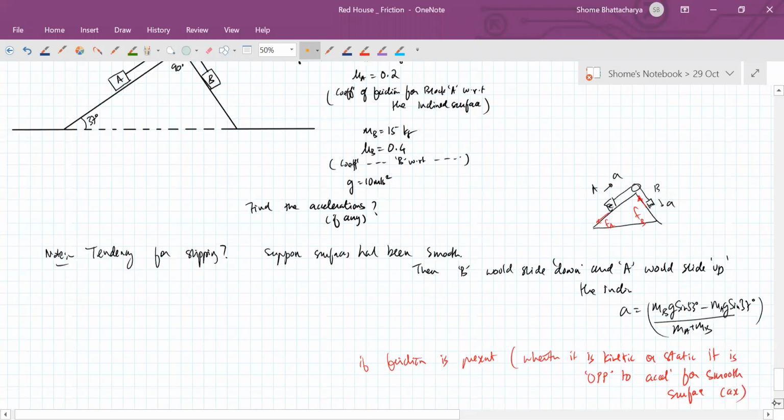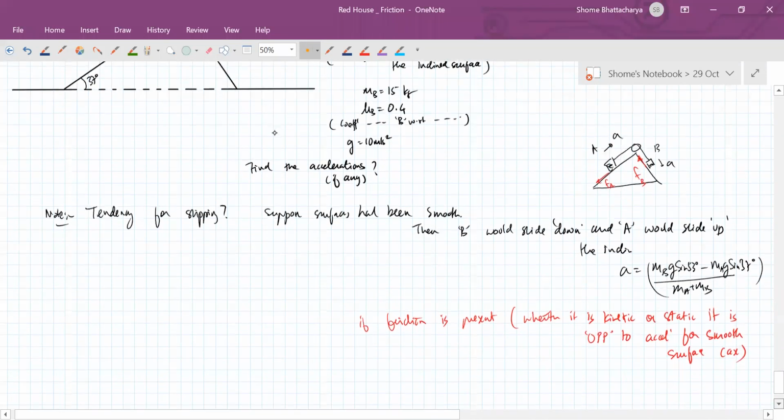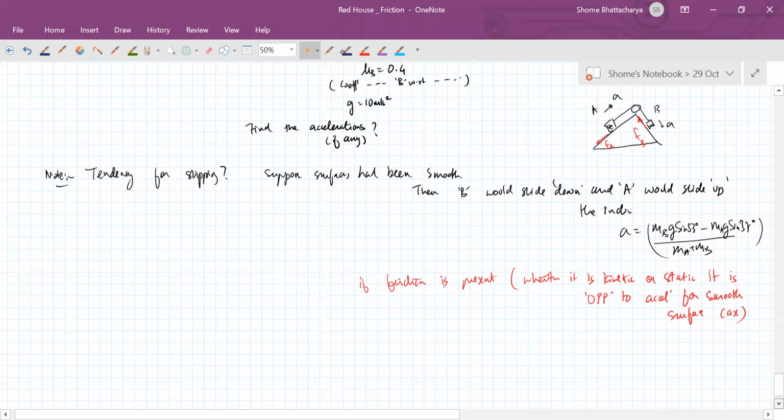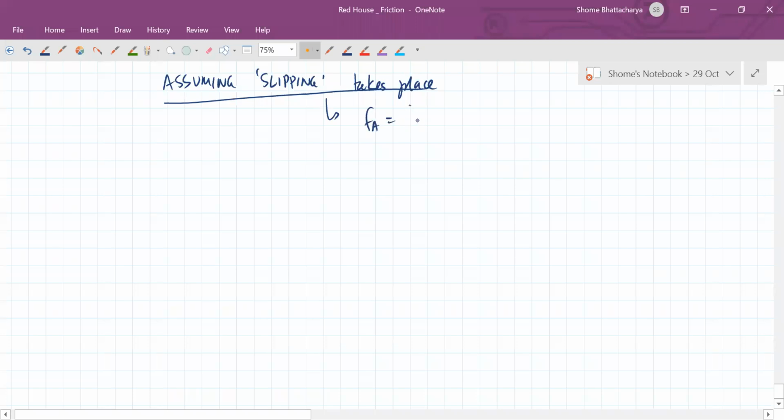So once we know that, now what we can do is assume slipping is taking place. So both the frictions are kinetic.